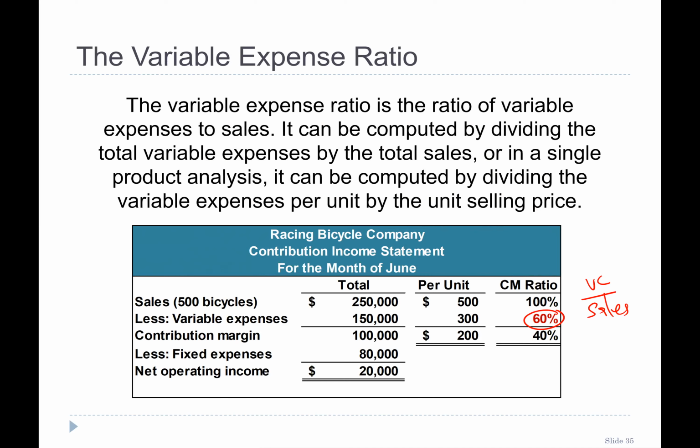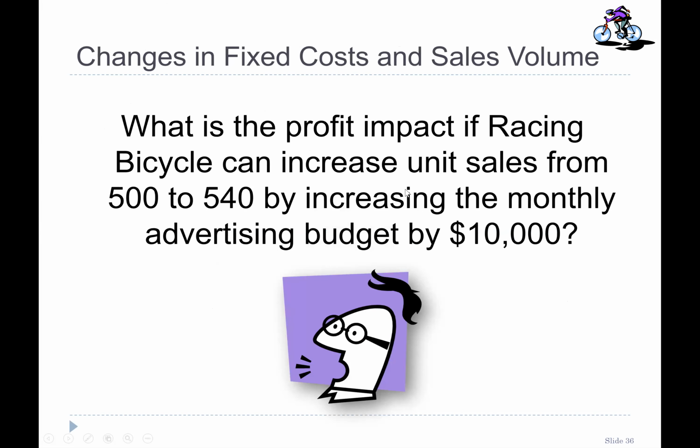So it can be computed by dividing variable expense by sales, or in a single product analysis, by variable cost per unit divided by sales per unit. Right? So there are two methods to calculate variable cost ratio. Number one, total variable cost divided by total sales, or in per unit sense, per unit variable cost divided by per unit sales. Simple.